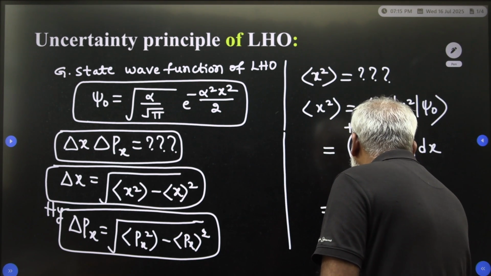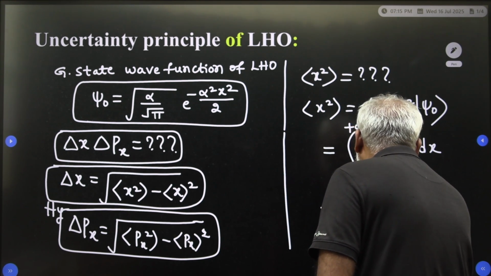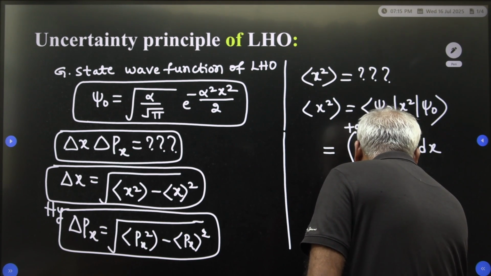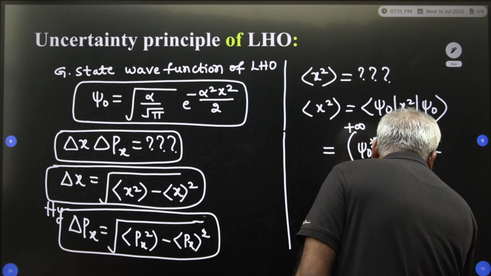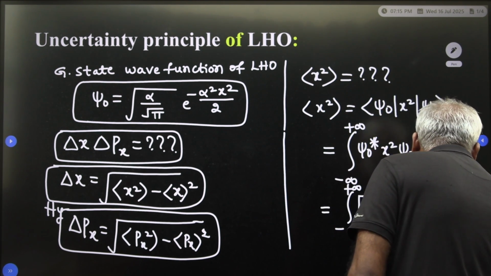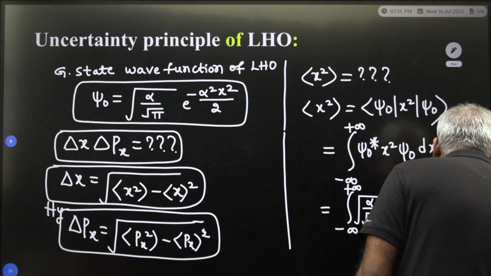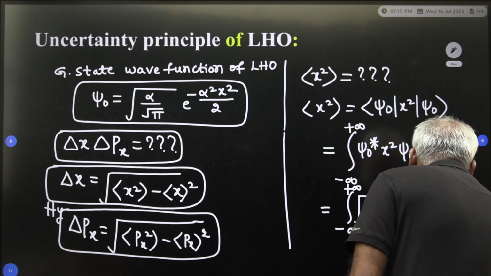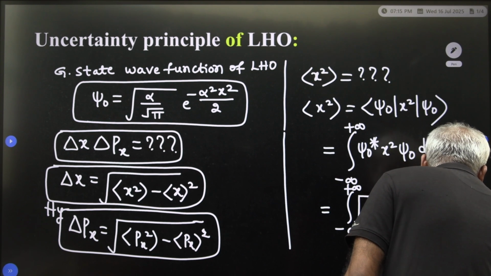So, what do we substitute? Integral from minus infinity to plus infinity, where psi 0 conjugate is root alpha by root pi e to the power of minus alpha square x square by 2, into x square, into root alpha by root pi e to the power of minus alpha square x square by 2 into dx.